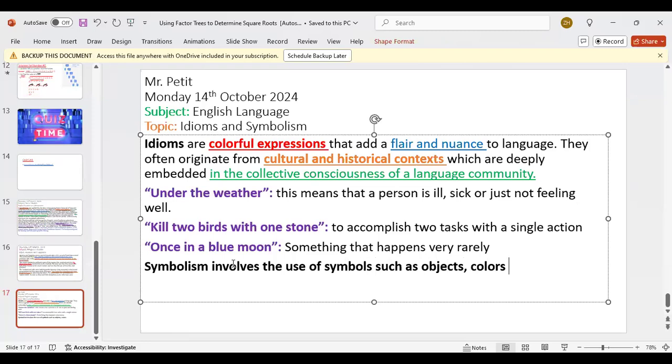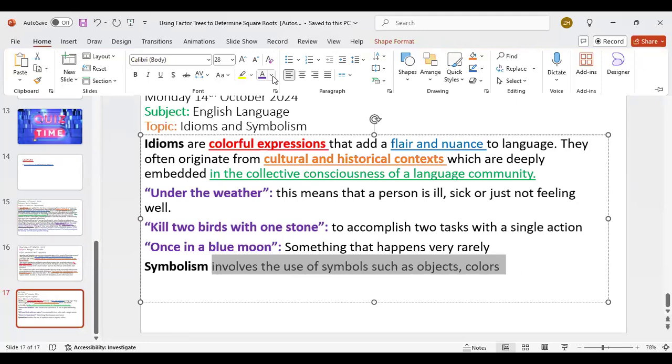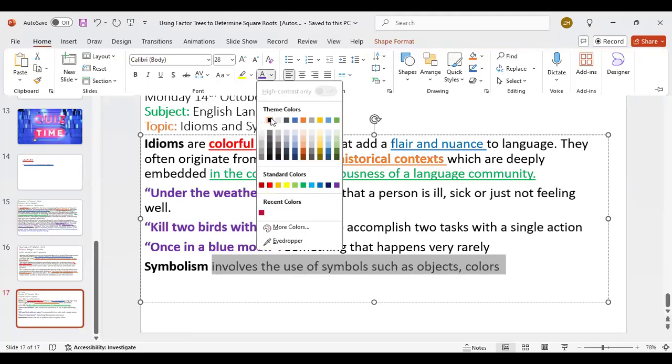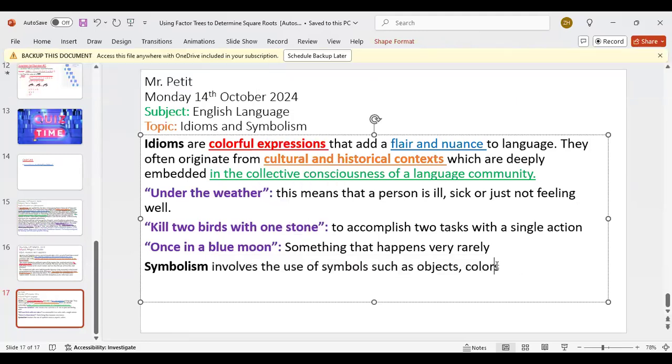Do you know that colors also form a part of symbolism? Red is danger. Yin and yang, yes, that's a symbol. Just like the red light. Yellow is caution. Or animals, or actions.